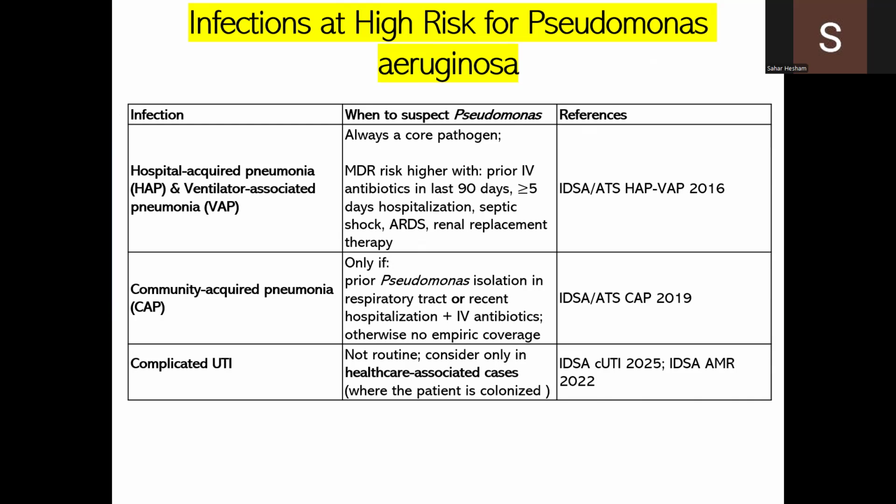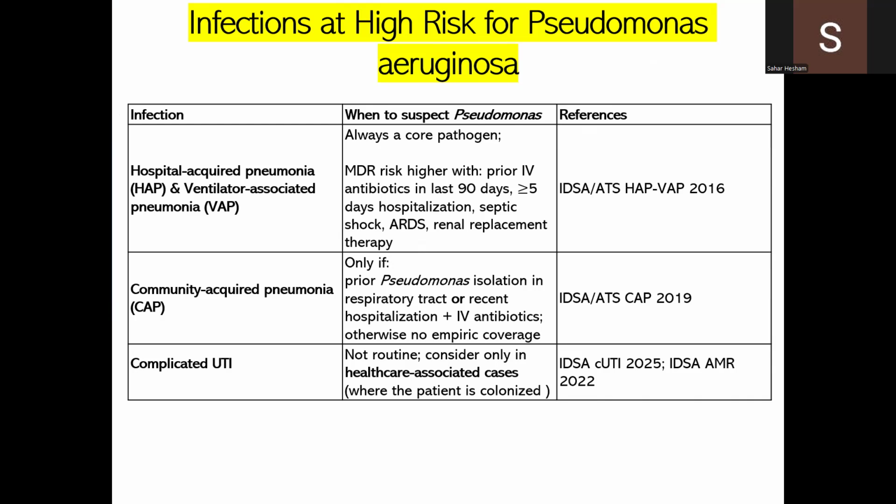Those who are presenting with community-acquired pneumonia, you should know that Pseudomonas is not the core pathogen. So we will not use anti-pseudomonal agents at all, except if the patient has Pseudomonas risk factors, like previous colonization with Pseudomonas, recent IV antibiotics, or recent hospitalization. Then we can use an agent that has anti-pseudomonal activity. But we should not use double anti-pseudomonal in that situation, because Pseudomonas is not a core pathogen.